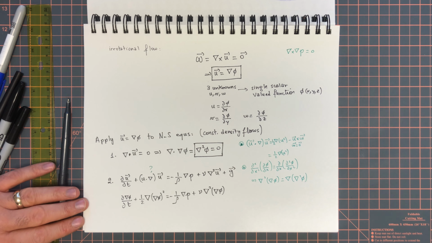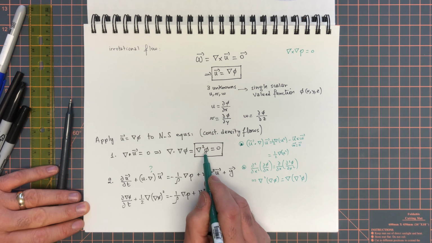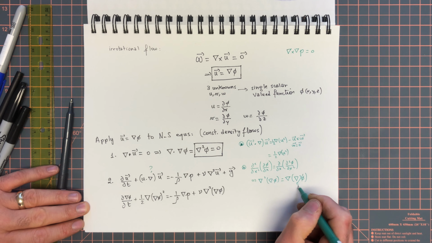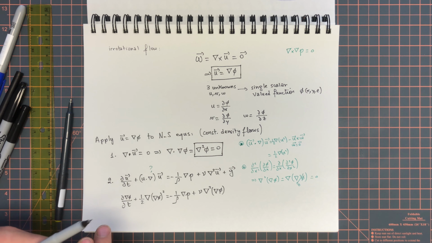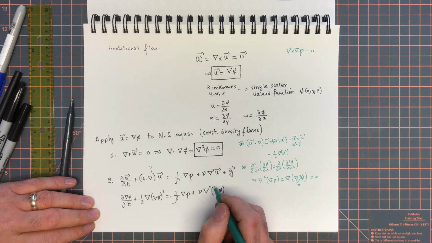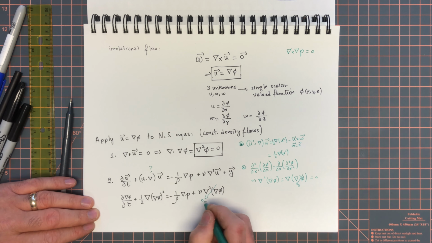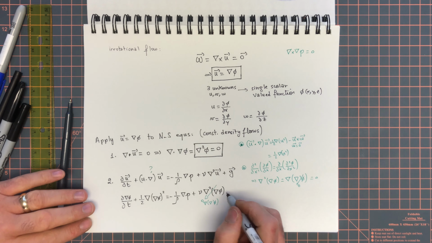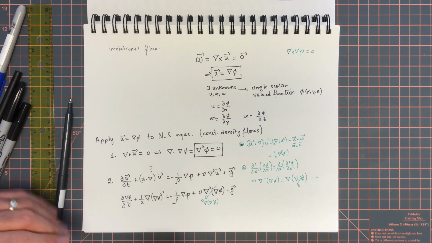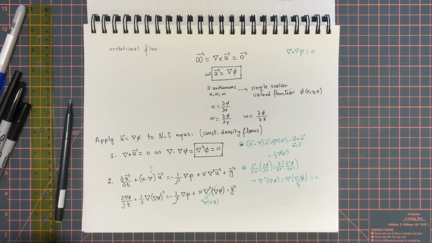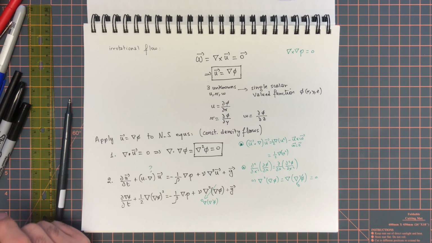Why am I writing it this way? Because I know that del squared phi is equal to 0 by virtue of continuity. So this term is really just equal to 0, the whole thing, because this is equal to grad del squared phi, okay, plus g.